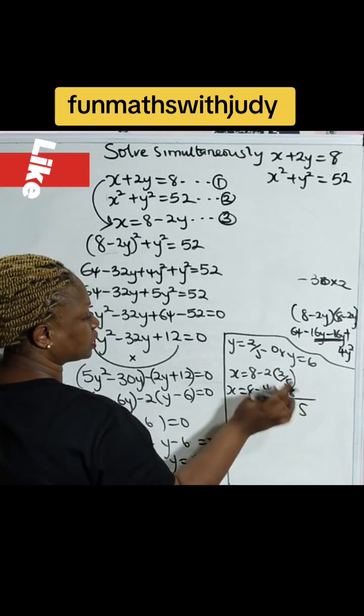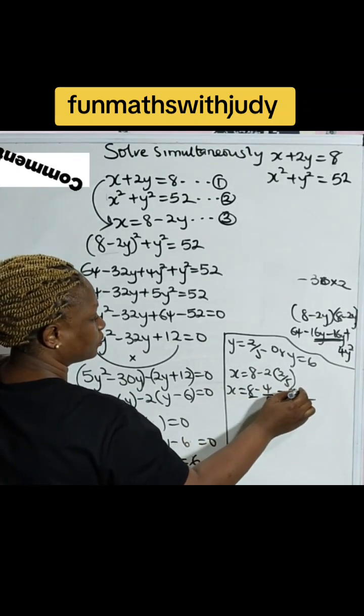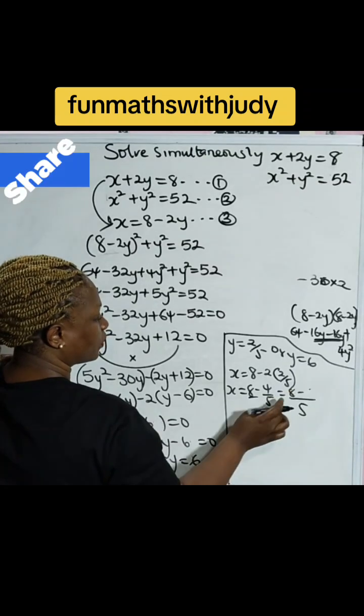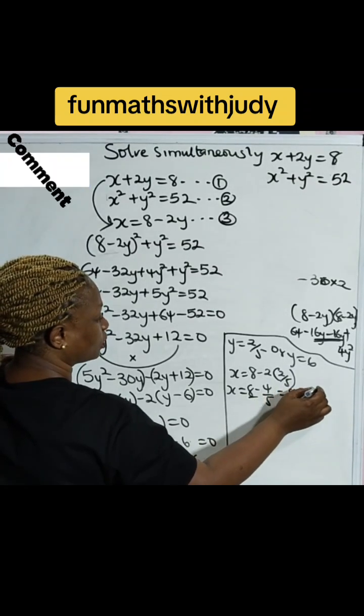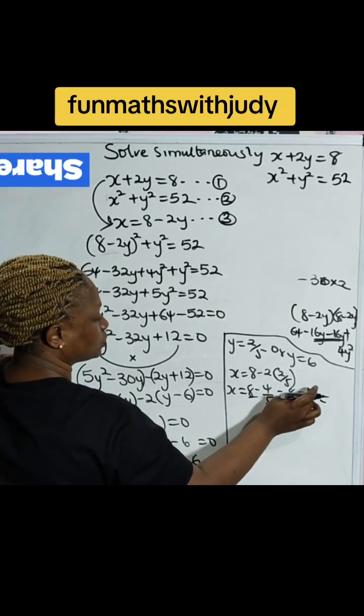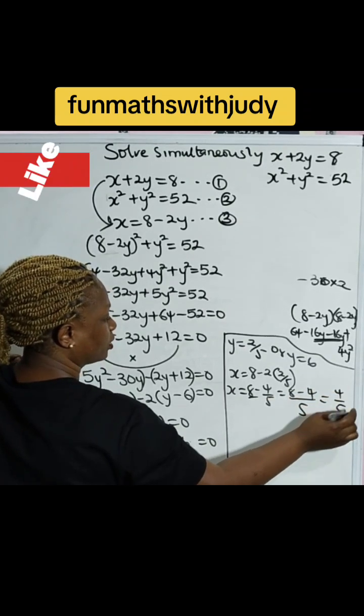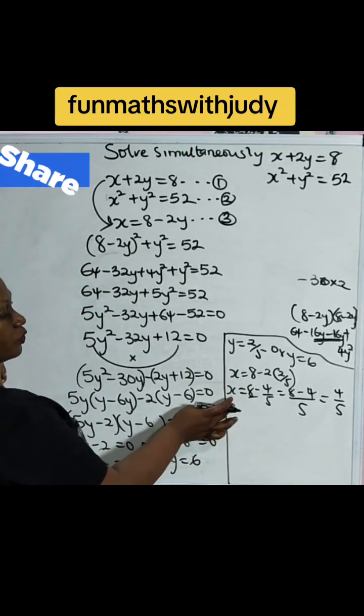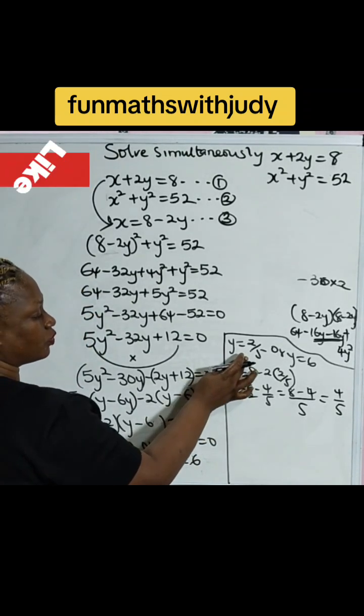Then 5 into 5, 1, 1 times 4 will give us 4. So this 8 minus this will give us 4 over 5. And that is the value of x when y is equal to 2 over 5.